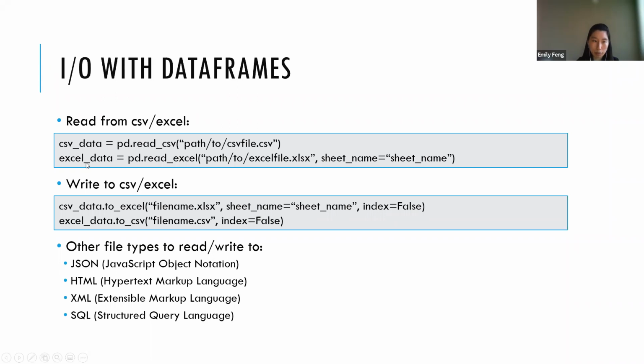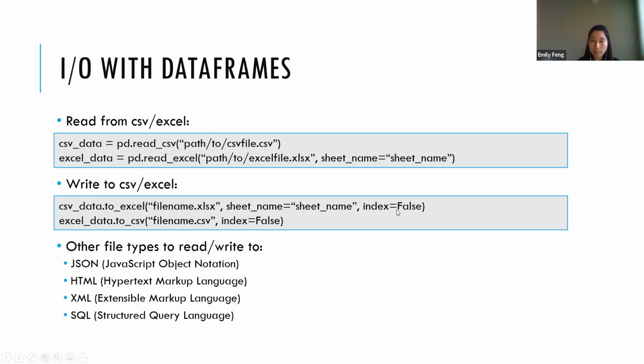After you do your analysis with these data frame structures, you might want to output them back into a file, and that is done with the to_file type functions. Just provide the file name you want, and then the sheet name for an Excel file.